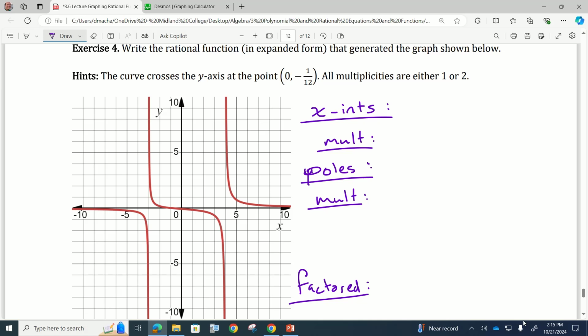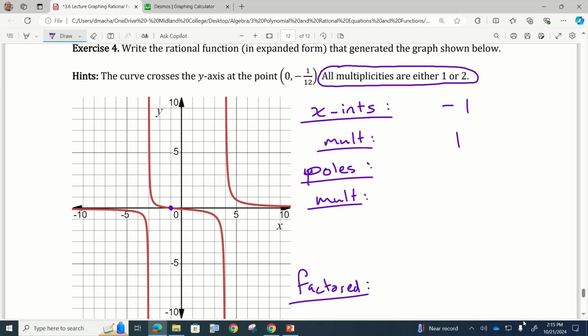Where is my x-intercept? There's one of them. It's actually right here. Oh. Yeah. That was tricky. It's -1. And the multiplicity is 1, because clearly it's odd if it passes through the axis, and the only odd number it could be is 1, according to my hint.